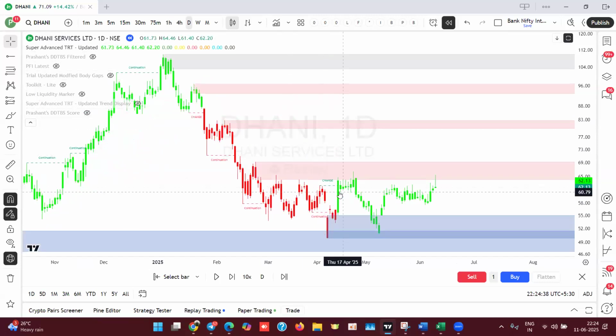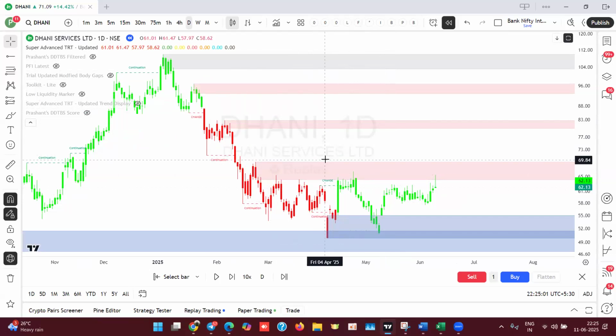If we see here, this is first, second, third, fourth, fifth, sixth, seventh, eighth, ninth, 10, 11. So this will keep showing me up to this candle till 30th April, and then it will not show me that this is the green candle. After that, it will not be visible.